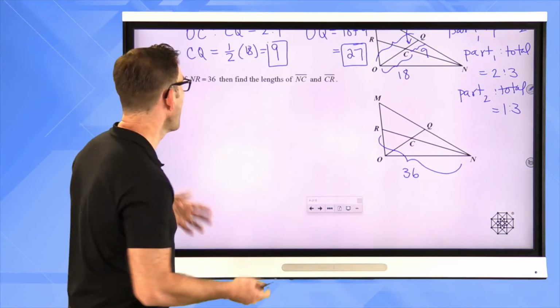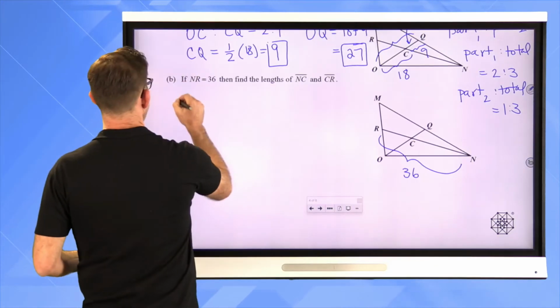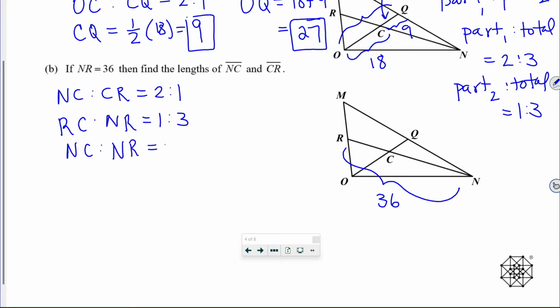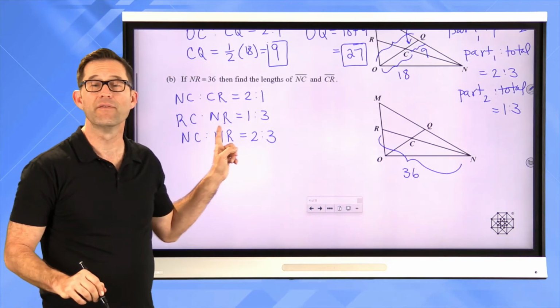One thing I know at this point is that NC to CR is 2 to 1, which means RC to NR is equal to 1 to 3, and NC to NR is equal to 2 to 3. All right, this one makes my life very easy, right?